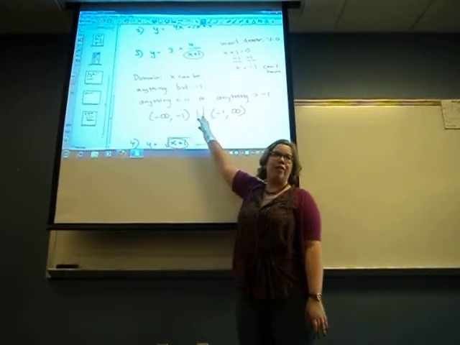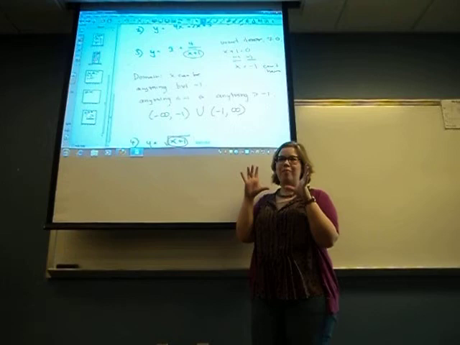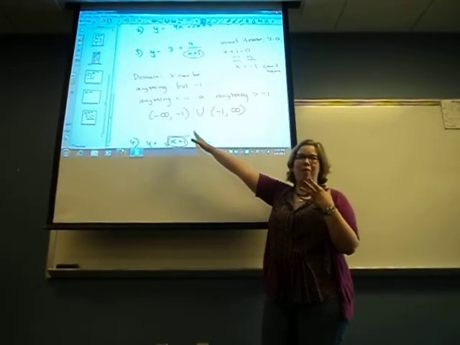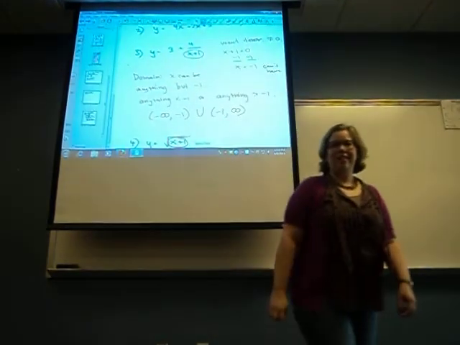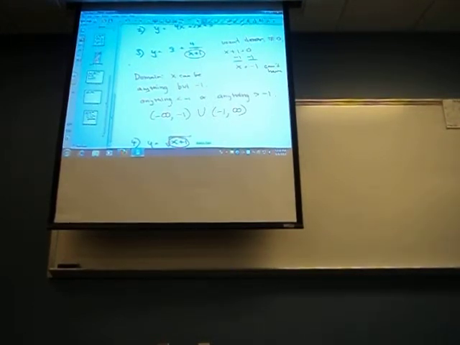When you see that symbol, it's not a U on the keyboard, it's like a different U. If you need to type that symbol, they'll show it to you on the left. So if you see that symbol pop up, you might think, oh, I may need to use that. Yeah, you have to hit the more button and then the little bubble pops up. It should be there if you need it. The opposite of the union, if you flip it upside down, is called intersection. It means and, but you won't see that in this class.